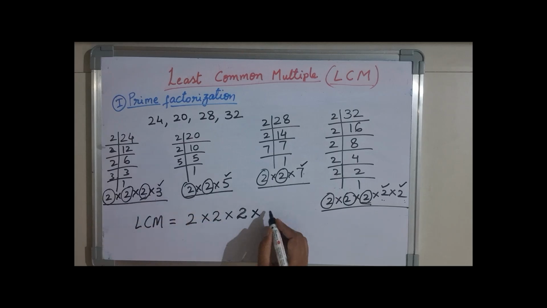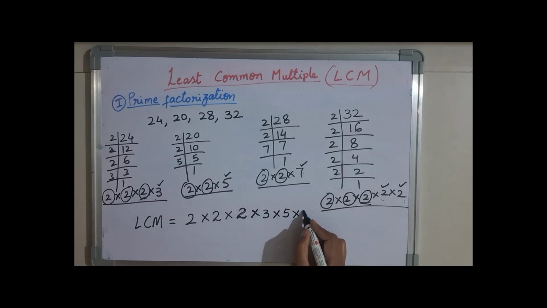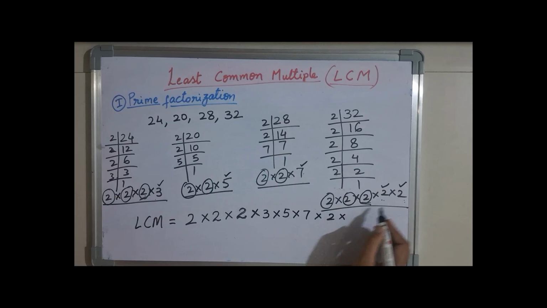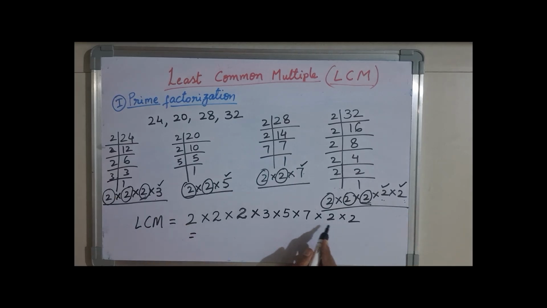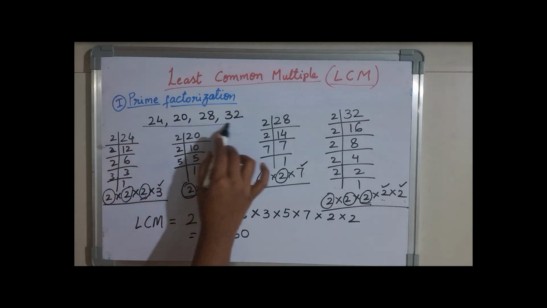So 3 multiplied by 5 multiplied by 7 multiplied by 2 and multiplied by this 2 also. Now if you multiply all these, we get 3360. Okay children, 3360 is the LCM of these four numbers.